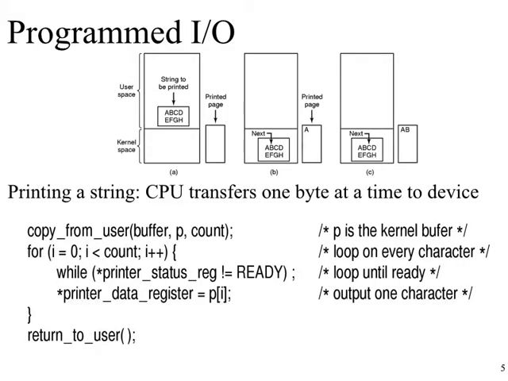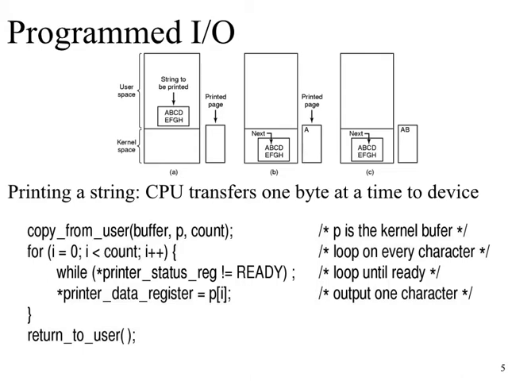So there are various modes in which the processor can perform I/O operations. One of the most primitive modes is called programmed I/O. Let's say that you want to print a file to a printer. In this example, we are printing the string A, B, C, D, E, F, G, H to the printer. One way of doing this is that the CPU transfers 1 byte at a time to the I/O device.